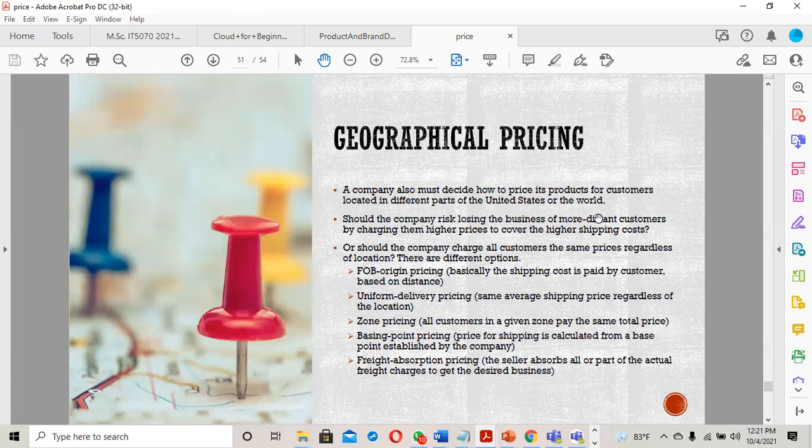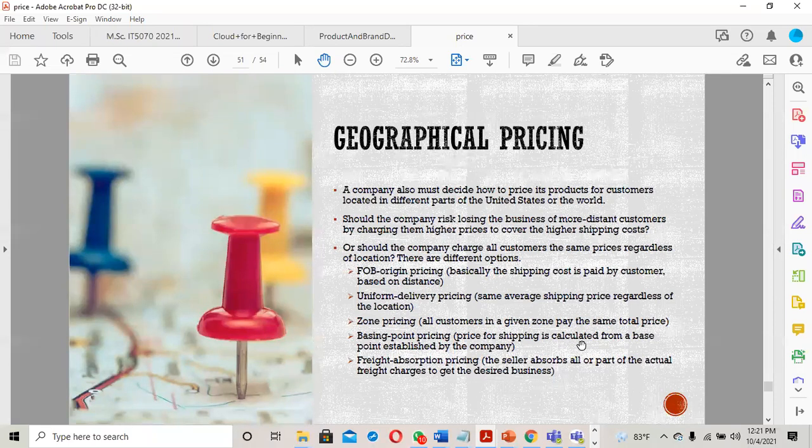If you are just selling in the town area, geographical pricing will not come into play. But if you have different branches or a network in different regions, then geographical pricing will come into play, because you need to consider it.